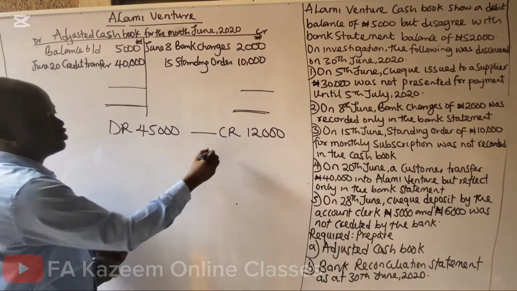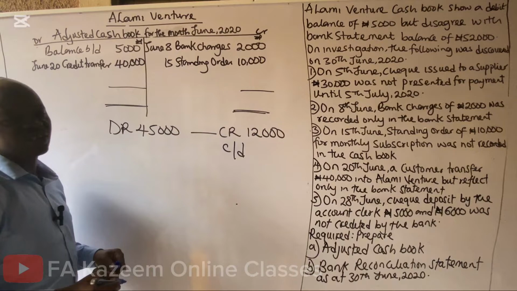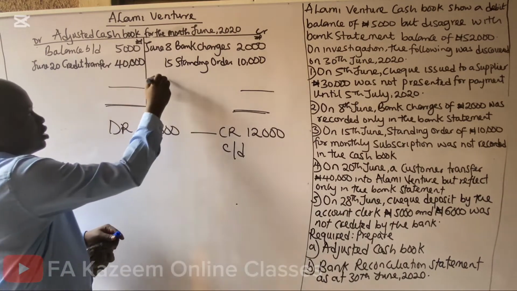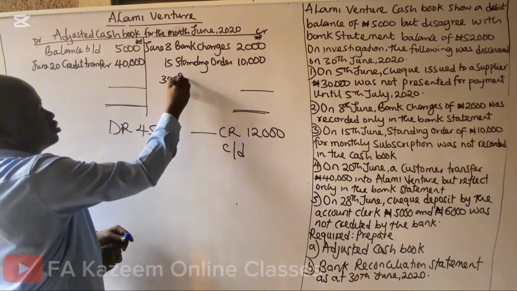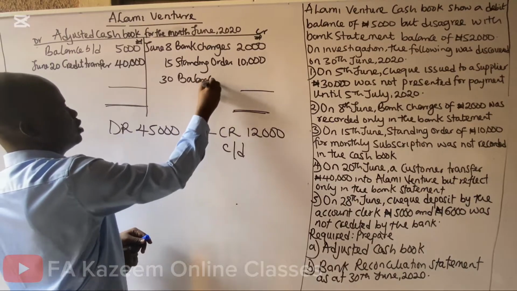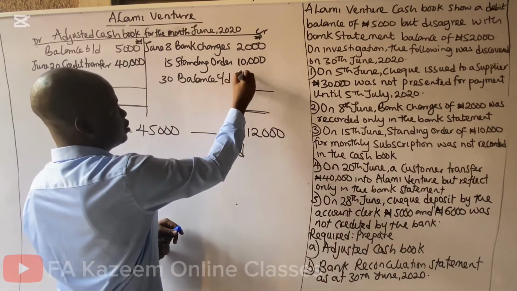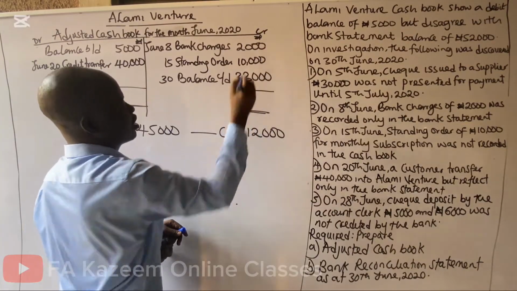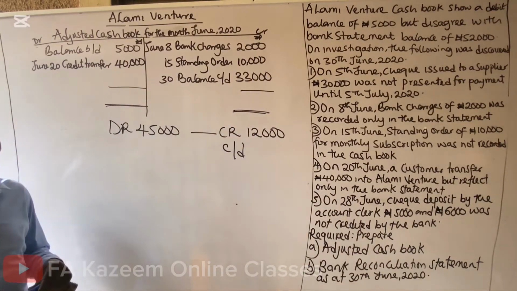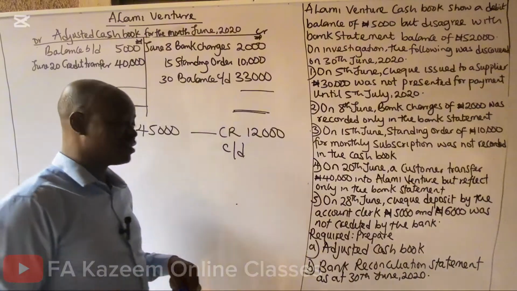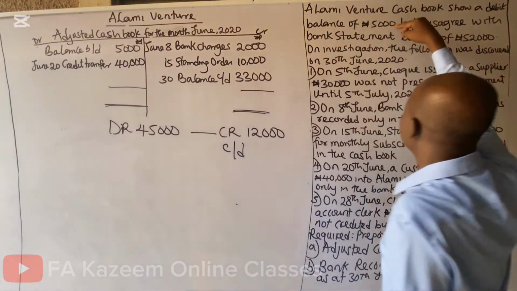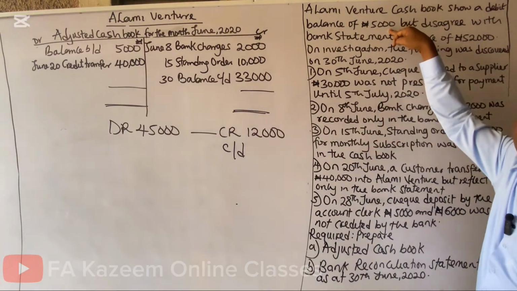The lower side is always where we have the closing balance. On 30th, what do we have? Calculator. We have 33,000. Meaning, before now, the cash book is telling us that the balance for the month of June is 5,000.